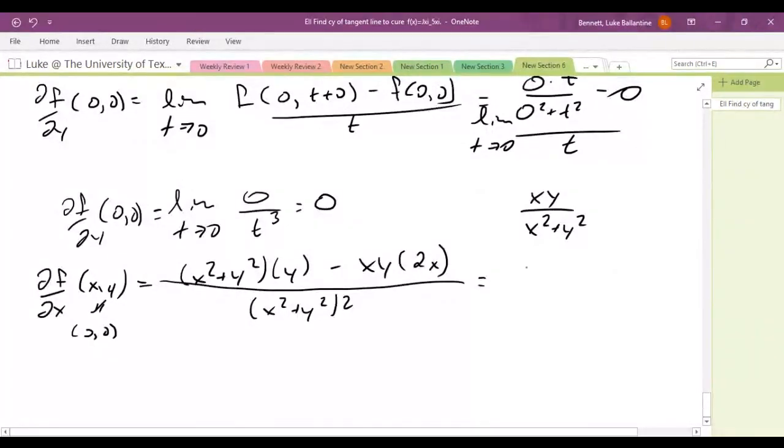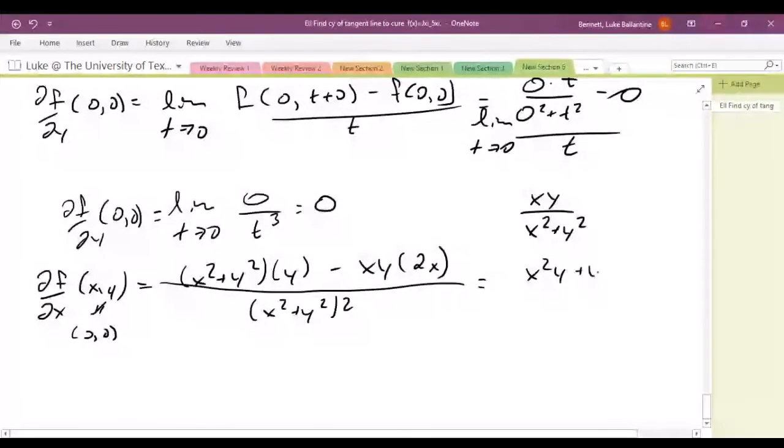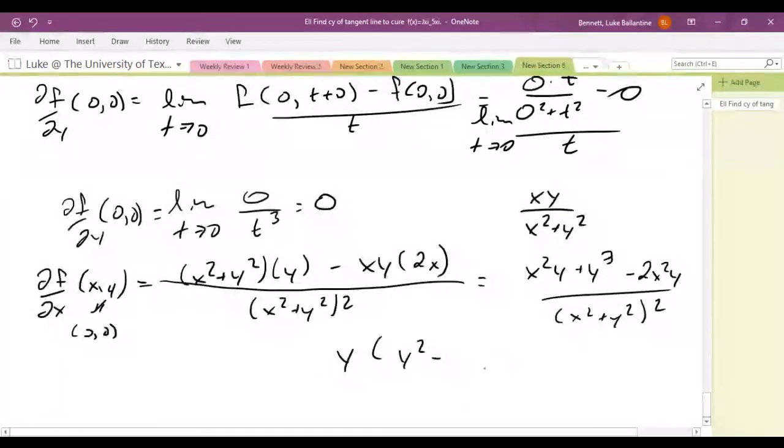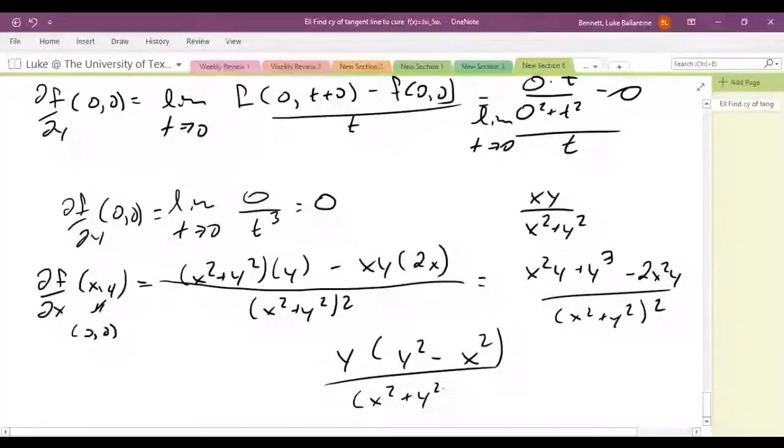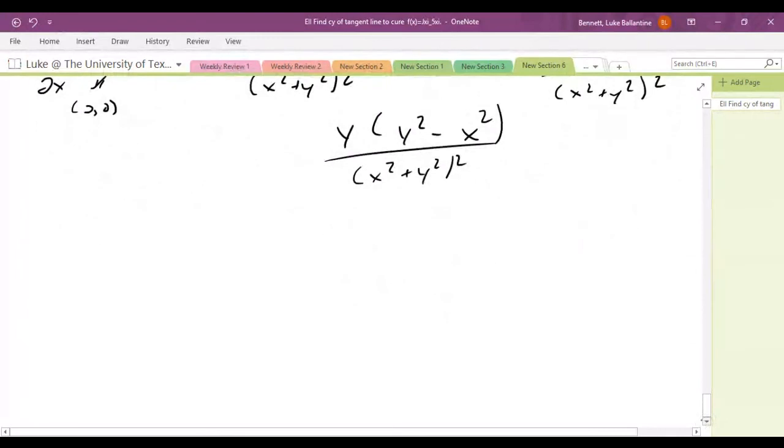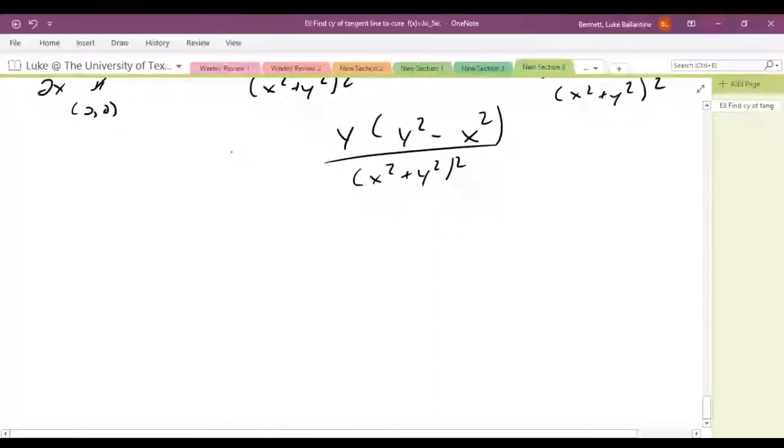So this is x squared y plus y cubed minus 2x squared y, over x squared plus y squared, squared. This is y times y squared minus x squared over x squared plus y squared, squared. Okay, so this is with respect to x, xy.